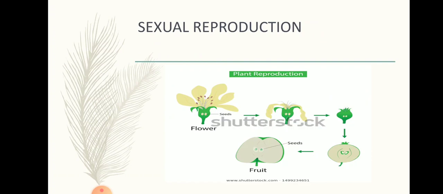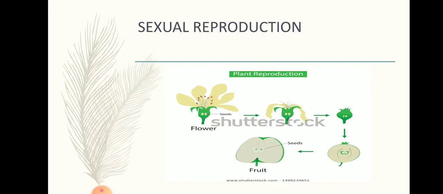Before we move on to sexual reproduction, I would just like to give you the advantages of vegetative reproduction. First, plants can be grown relatively faster as compared to the natural way. Then the parental characters can be retained in the young ones. Even plants which do not produce seeds can also be propagated this way.